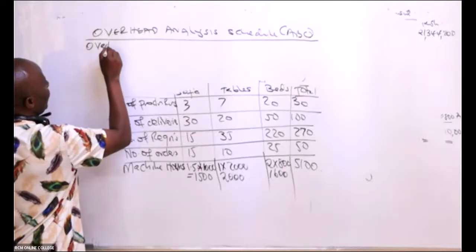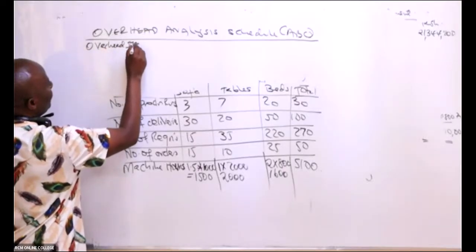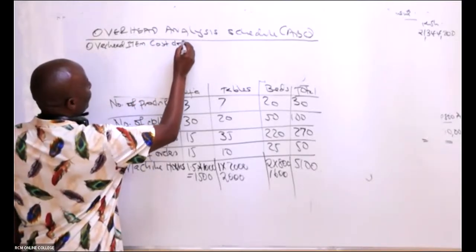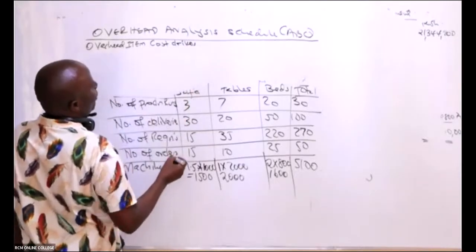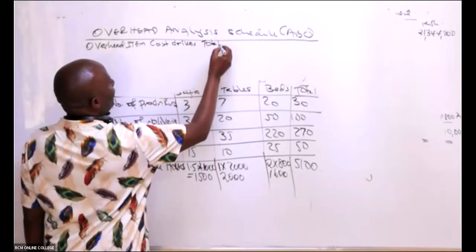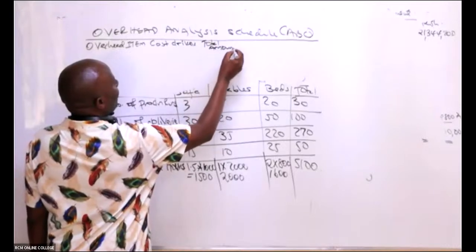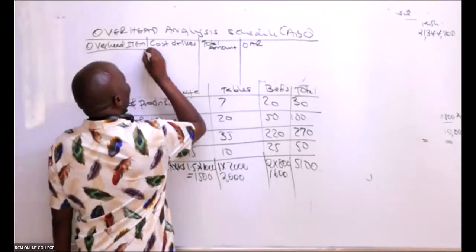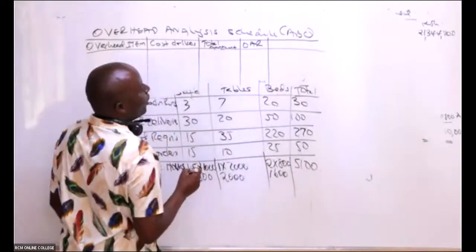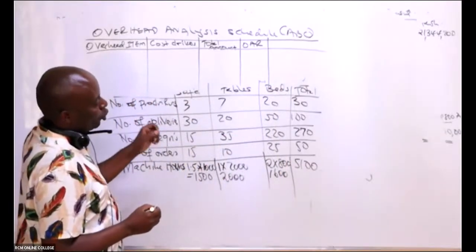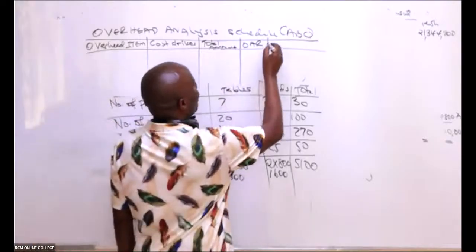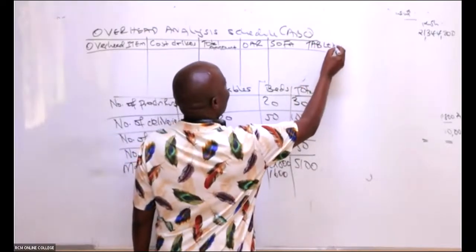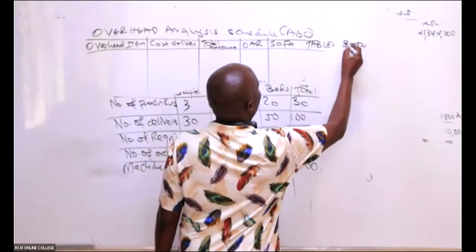You have the overhead item. You have the cost driver. Then you have the total amount. Then you have OAR. Then you have your overhead being spread to the products, so we have tables, beds, like that.